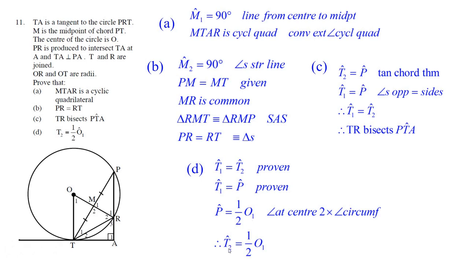Therefore, T2 must equal P. It must be equal to half of O1. Why does P have to be half as big as O1? That's because the angle at the center is 2 times the angle at the circumference. And right here, we've got that P is equal to T2. So then T2 must equal 1/2 times O1 as well, because they're both equal to each other there. So there we go. There's question 11.